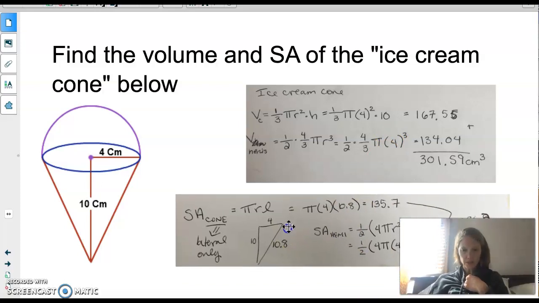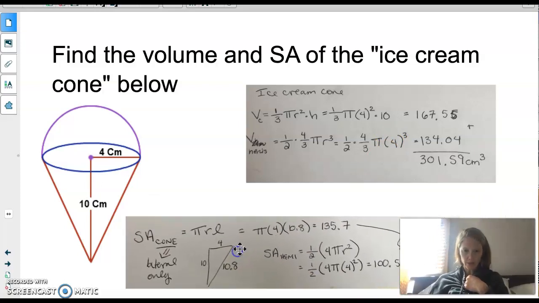If you look at my work down here, you'll see that when we're finding the surface area of the cone, we really only need the lateral area of this cone, because this circle is inside of the ice cream cone, so we don't need to know that area. So when I found the surface area of the cone, I just found the lateral area. That's why it says lateral only here, and that's pi r L. Again, in this one we had to find the slant height, L, using the Pythagorean theorem.